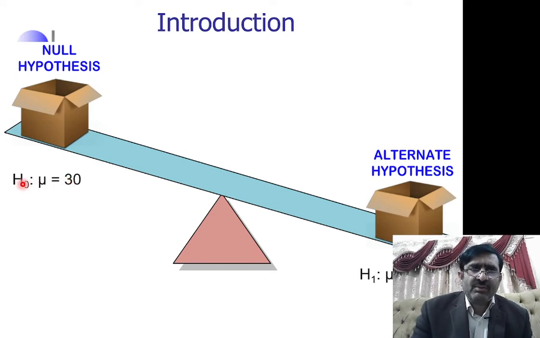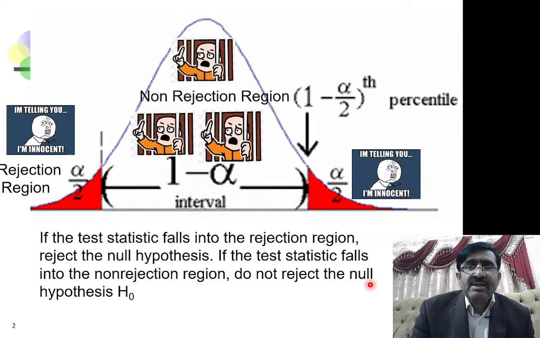If yes, you will say it is H0. And if the sample average may be less than 30 or greater than 30, then it is the alternate hypothesis, represented by H1. We will study that again in a coming slide. Very good example. If you understand this single slide, you will understand the whole story.